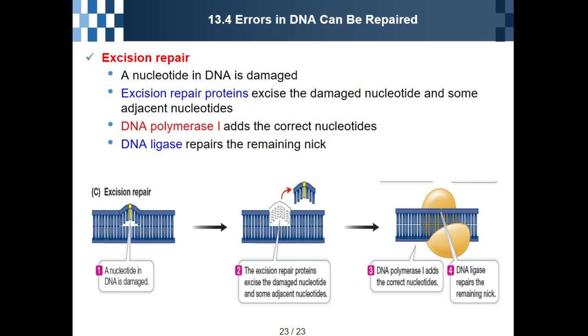At that time, another protein, excision repair protein, scans and finds this region. After that, they remove it. After that, DNA polymerase 1 adds a new nucleotide. Finally, DNA ligase repairs the nick. Okay? So these are the 3 mechanisms. Okay? Do you know that? Okay.